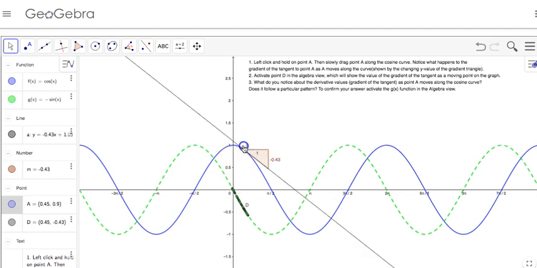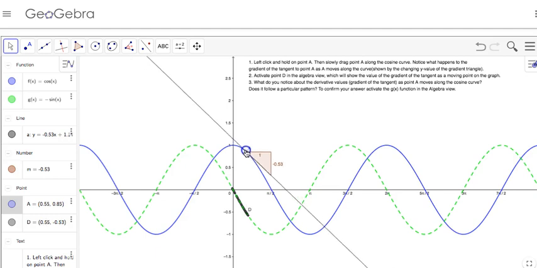Tell me now about the gradient. Would it be negative? Isn't this a negative gradient? So what would the value be? Rise over run, negative 0.53 over 1. But look at the green curve. The value on the curve down here is negative 0.53, the same as the gradient. When x is 0.55, the y value is negative 0.53.